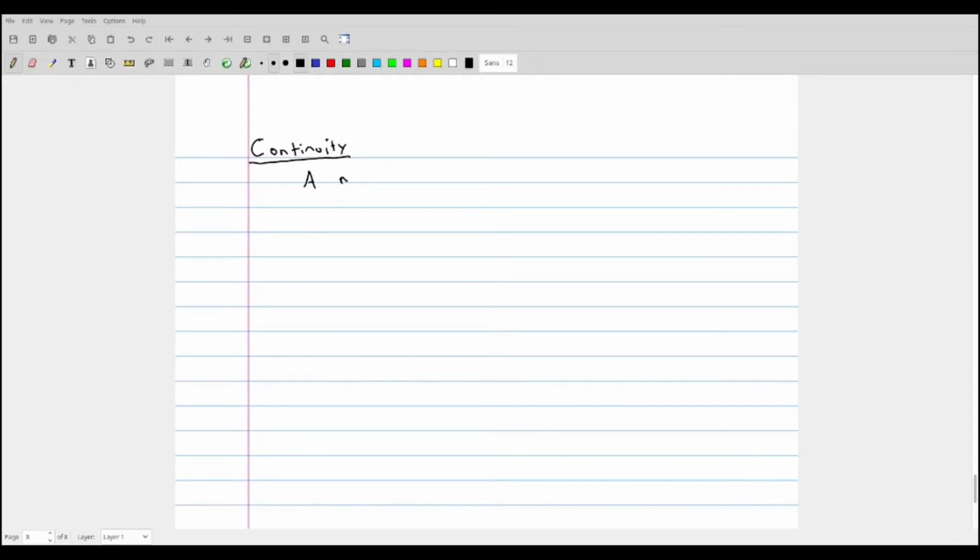Specifically, we say that a multivariable function is continuous at a point x naught if its limit exists at the point.